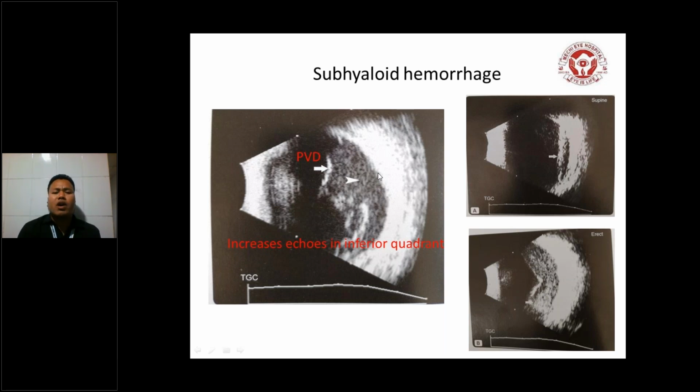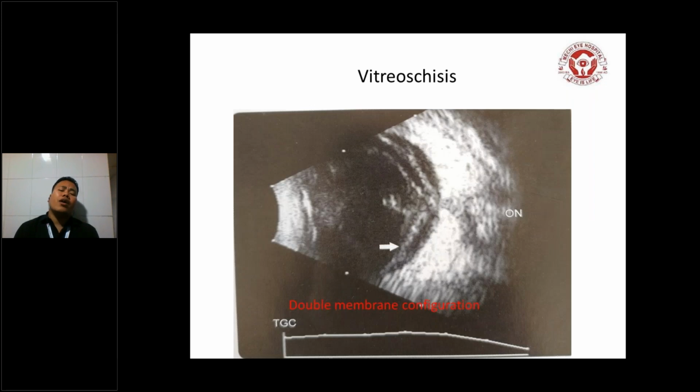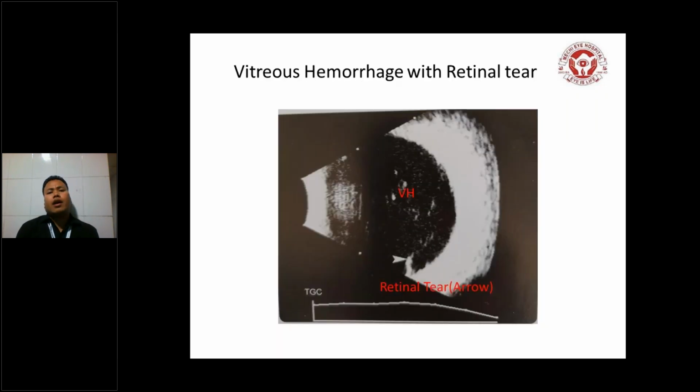Now vitreous schisis, this is nothing but the splitting of the membrane of the vitreous. So we can find double or triple membranes in case of vitreous schisis. Sometimes we find in a scan there are multiple dot-like echoes in the vitreous cavity without any cause, without any history.